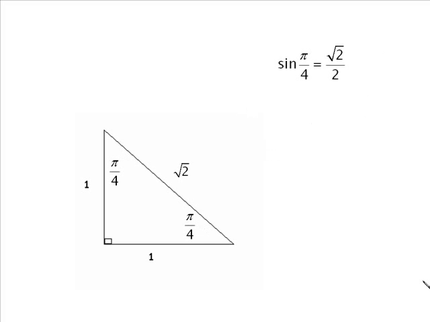So the sine of pi over 4 is 1 over root 2, or as I've got it written, root 2 over 2. The cosine of pi over 4 is also equal to root 2 over 2. And the tan of pi over 4 is equal to 1.